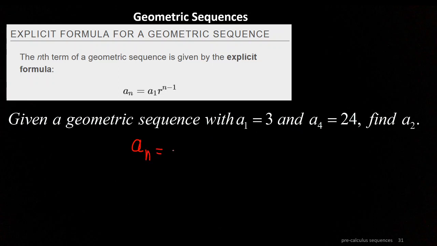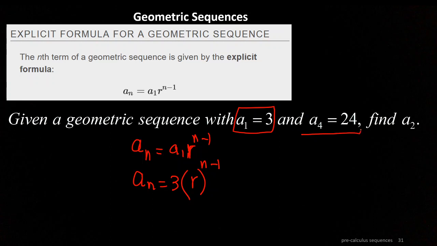A sub n is A1 R to n minus 1, right? So A1 is what? A1 is 3, and our R is missing, right? We don't know what R is, and we know n minus 1 here. That's so far, just knowing this, right?